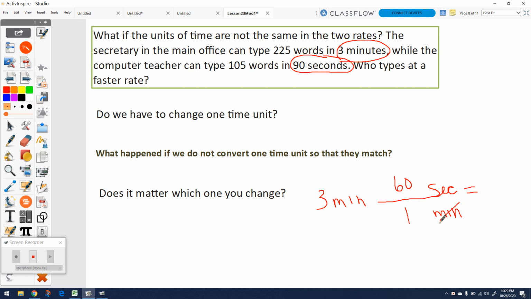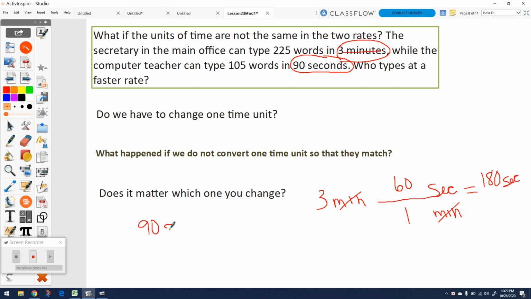Yep. I'm glad you saw that. Minutes and minutes. Nothing else can be canceled. So 60 times 3 is 180, and all my label is left is seconds. So if I change them to seconds, I would cross off this 3 minutes, and instead I would write 180 seconds.